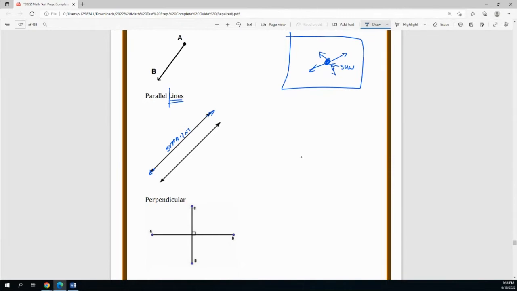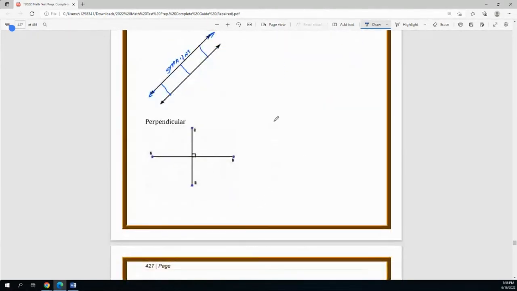If I'm talking parallel, it means you have one line, and then you have a line right next to it, and it is the exact same distance from one point to another. This distance does not change between these two lines. You can call it like a parallel street. There's two streets that run alongside each other in the same direction.